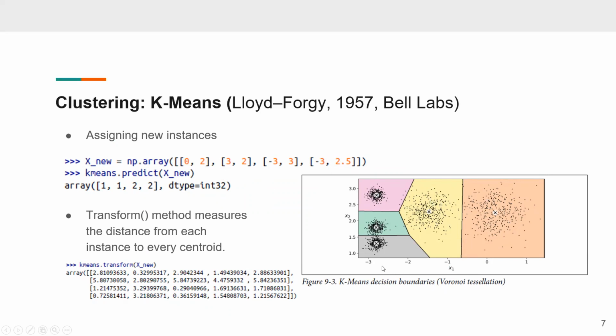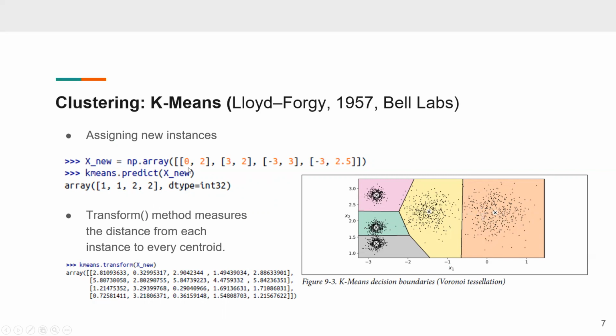For example, 0, 2 would be somewhere here. We hope that it would be assigned to the first cluster, which is index 0. Oh, 0, 2 is right here. So the index is 1, right? So that's 0, 2 right here.